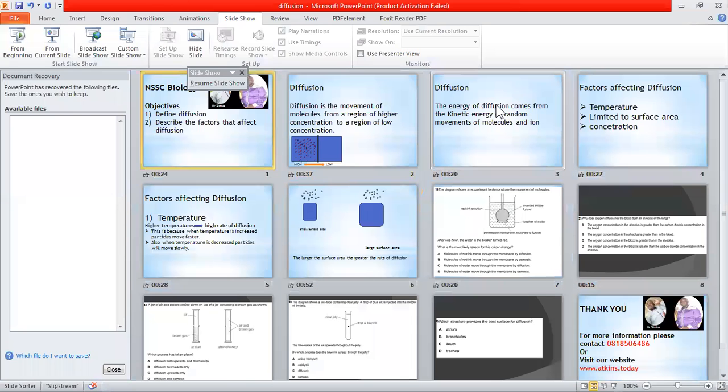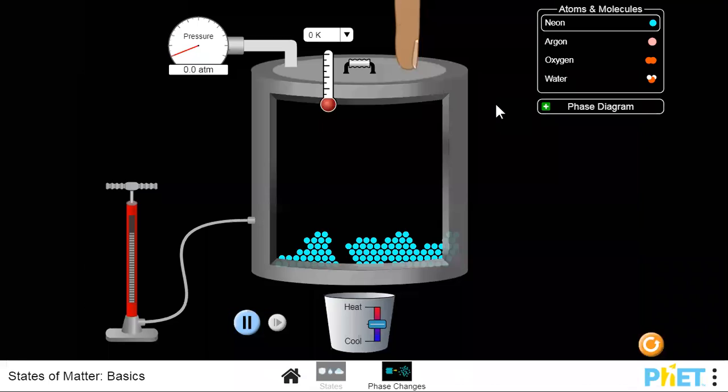If we take a look at this diagram, we want to see what happens when we increase temperature. You can see that there is a container, and in that container we have molecules in blue, and we have our heat stove here, where we can increase the temperature. As you can see, the molecules are not moving. The molecules do not have the energy to move.